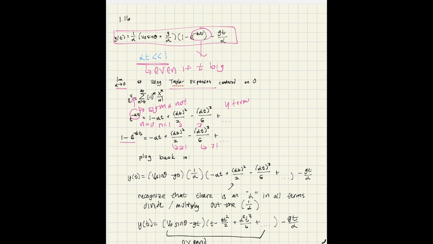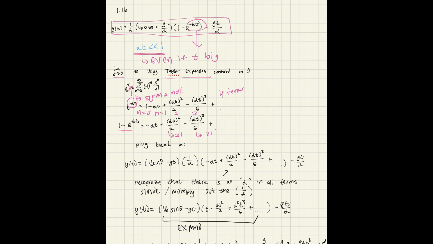Let's focus on the whole part of this, 1 over alpha times our quantity. Let's recognize that we have an alpha in every single term of our expansion of 1 minus e to the negative alpha t. So we can essentially cross these out.